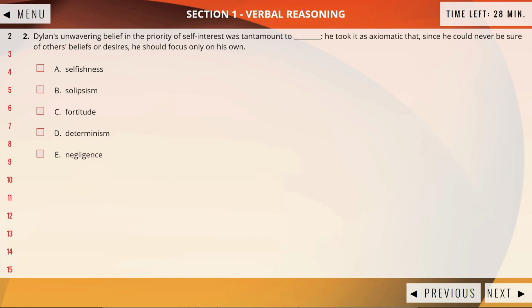Solipsism is looking inward. Selfishness, that's only right if the tone is negative. But they never really attack him. We never attack Dylan's beliefs, so selfishness is too harsh. Yeah, I think solipsism, just focusing on himself completely. Yeah, okay.